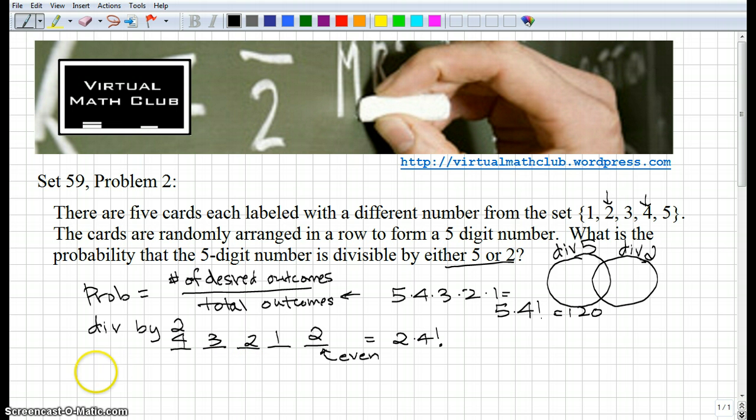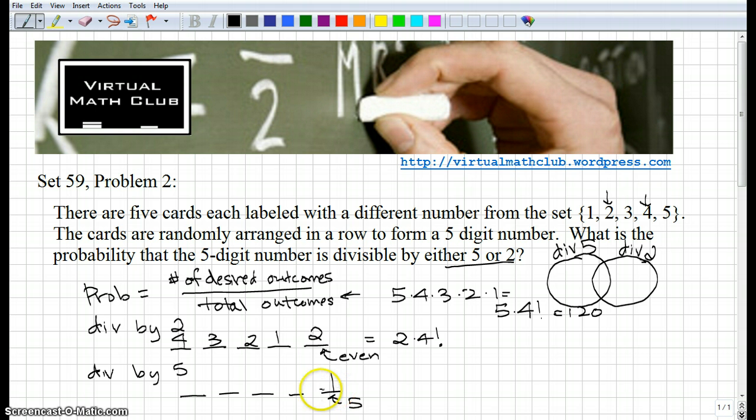Alright, so let's look at the numbers divisible by 5. We've got 5 digits, and if it's divisible by 5, it has to end in a 0 or a 5. And you can see we don't have any zeros, so this digit has to be a 5.